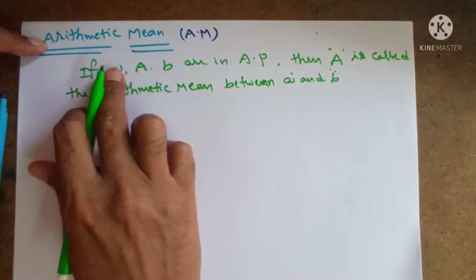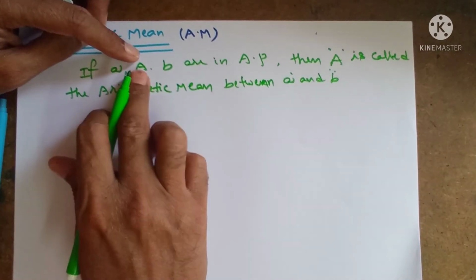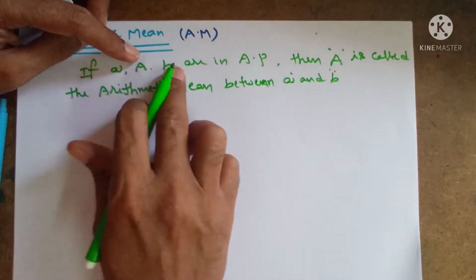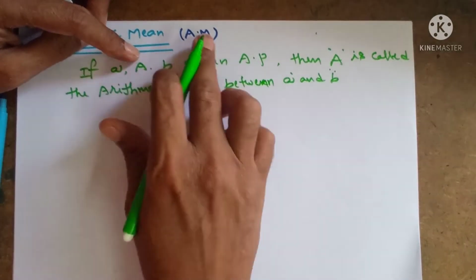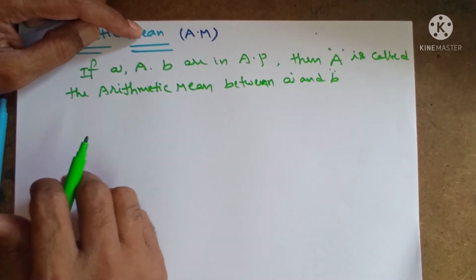Here a and b are 2 numbers. Between them capital A is there. Capital A is called the arithmetic mean between a and b. We write as AM.